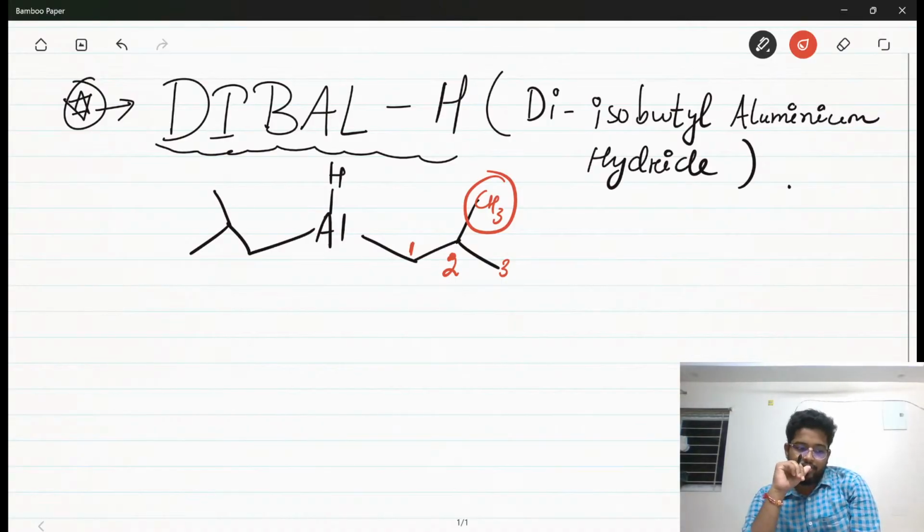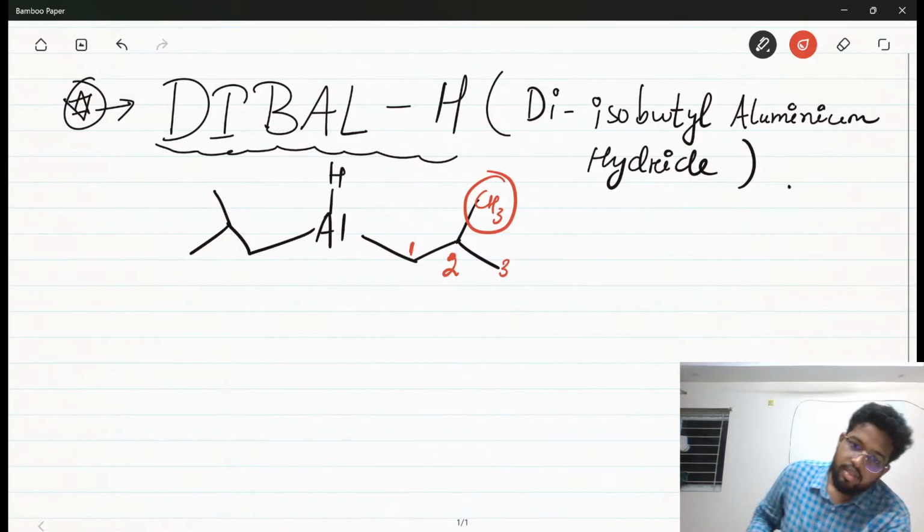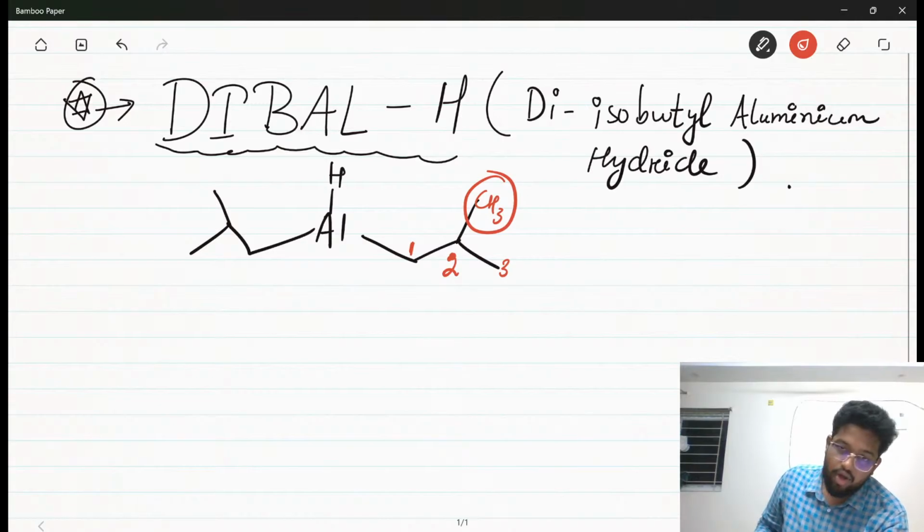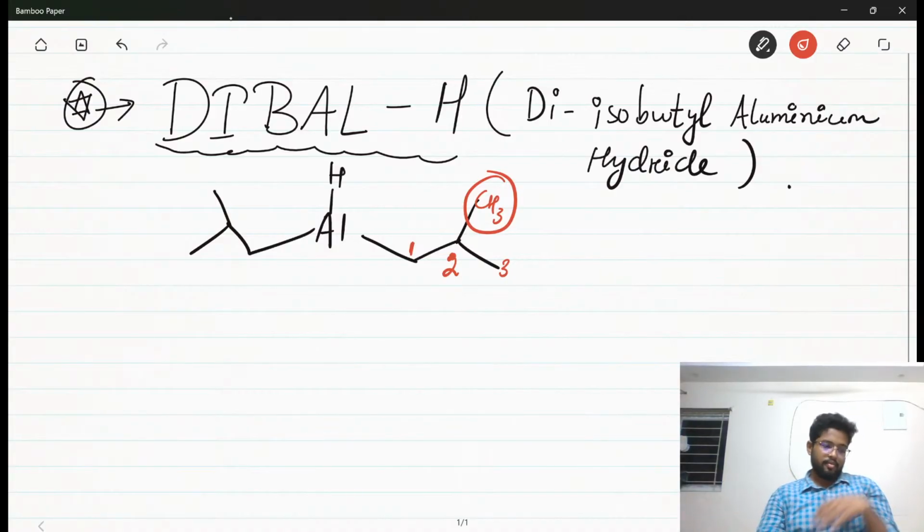And then we go to the reactions of DIBAL-H. What will DIBAL-H do? DIBAL-H does selective reduction of cyanide or ester. Cyanide or ester to aldehyde is the easiest method which DIBAL-H can do.